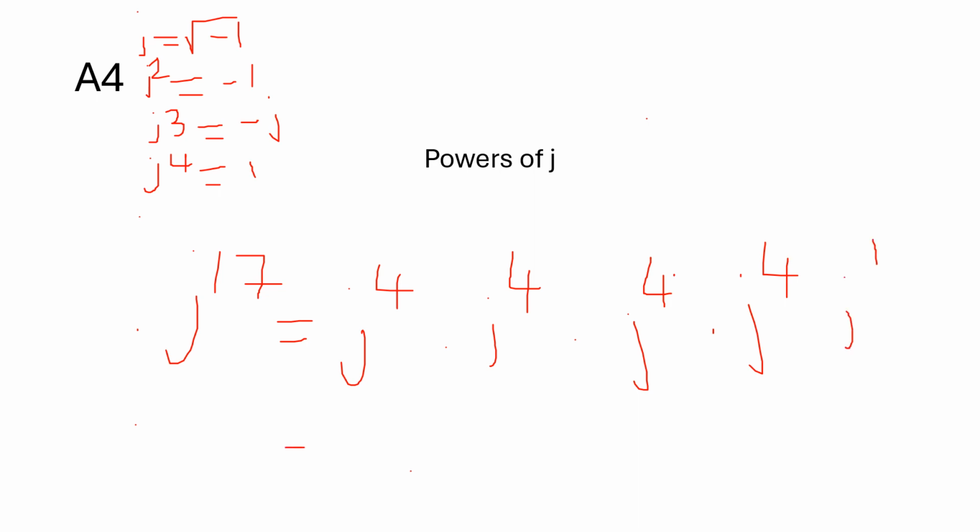So at the end, your answer will be j, because j to the power of 4 is only 1. So 1 multiplied by 1 multiplied by 1 multiplied by 1 multiplied by j leads us to j. So basically these rules here, 1 up until 4, will help you to simplify your problems very quickly.